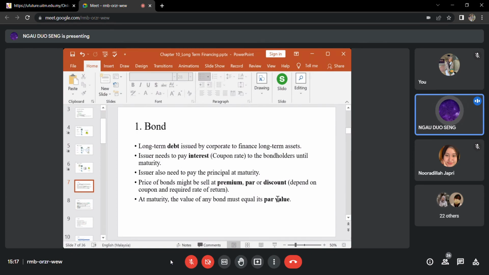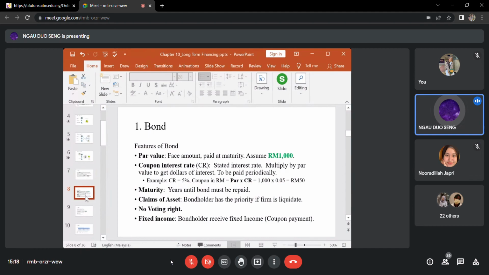If they sell at discount, maksud dia jual harga dia bawah par value, which is lower than 1,000. Right? Premium melebihi par. Discount kurang daripada par. Right? Par value, this one you have to refer the question. Tapi secara keseluruhannya, kalau dia tak mention par value berapa, kita akan assume par value adalah bersamaan dengan 1,000. Right, par value equal to 1,000.